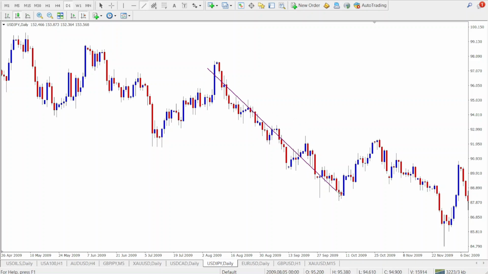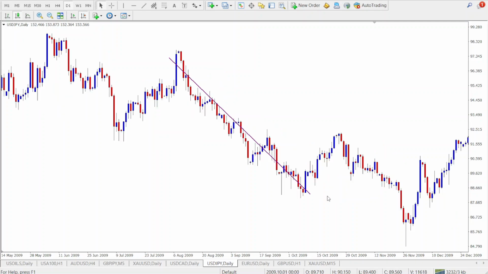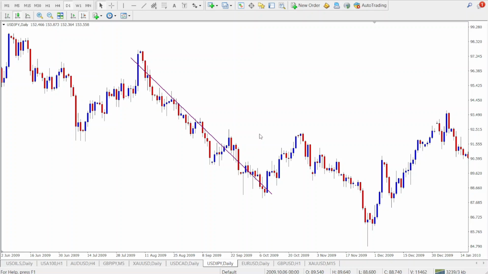The flagpole. The flagpole is a strong impulsive move in the direction of the trend. And then the second component of the flag pattern is the flag, which is a small sloping consolidation that looks like a rectangle or a channel.